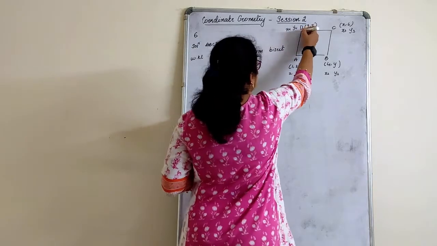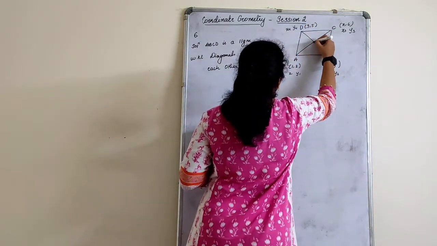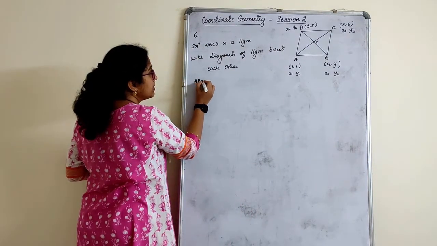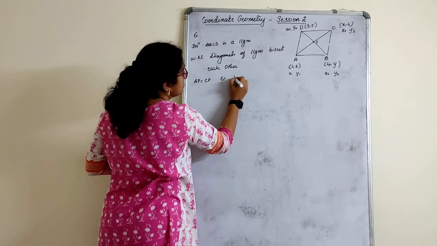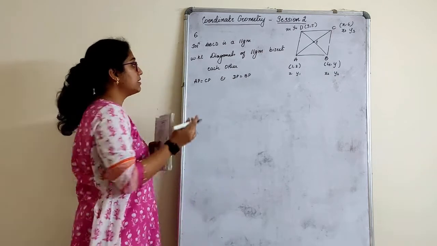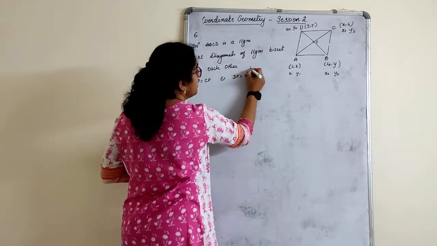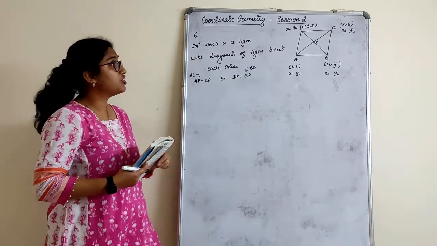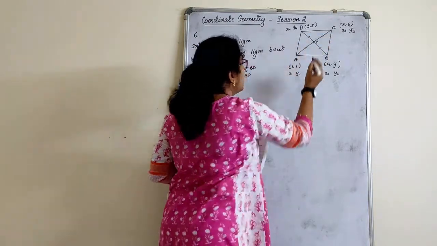That is, if I consider here a point P, AP is equal to CP and DP is equal to BP. These are the diagonals. In diagonal AC, these two, and in diagonal BD, these two. Diagonals bisect each other. That means these two are equal, these two are equal.